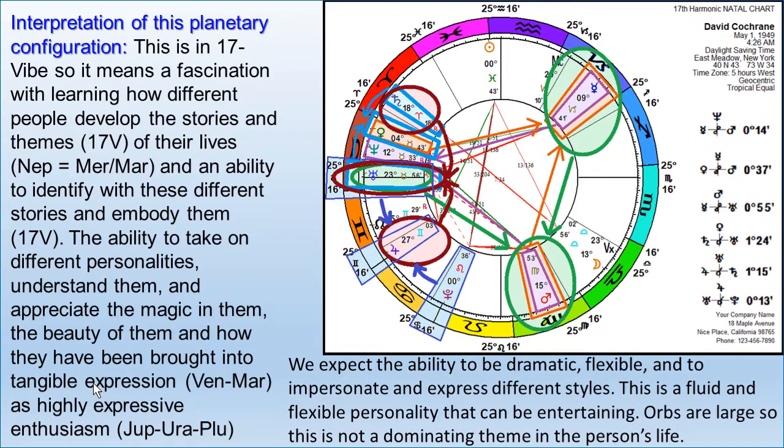Can you feel that? Neptune at Mercury, Mars. With Neptune, it's a fascination with how do people develop these stories? What are these themes? Where are they? And it's an ability to identify with these different stories and embody them. 17 vibration.